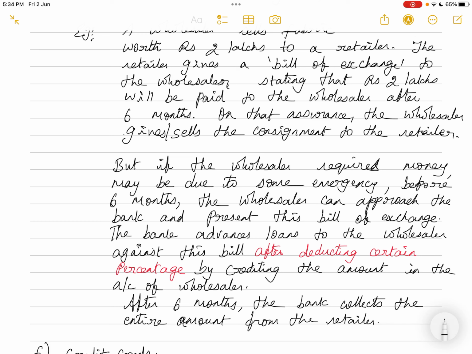This is the discounting of bills of exchange, because after making a certain discount on the bill of exchange, the bank is lending the loan or crediting the amount to the borrower, that is the wholesaler's account. That is why it is called the discounting of bills of exchange. Mostly these are documents possessed by the traders whenever the transactions are done on credit basis.